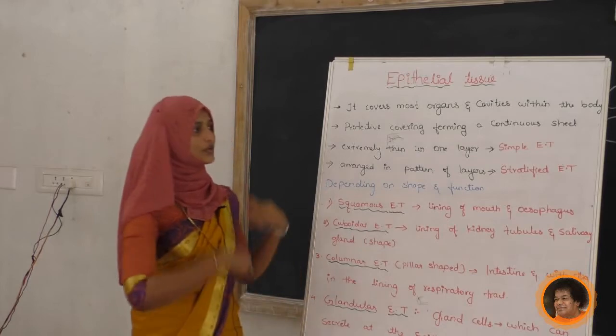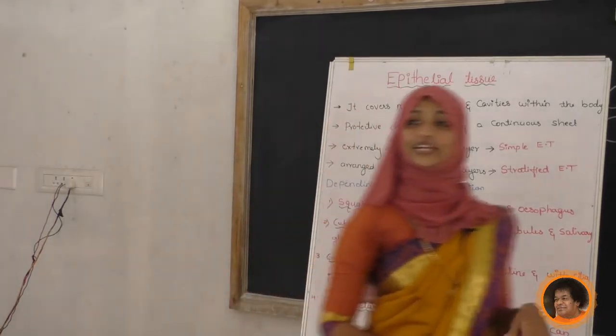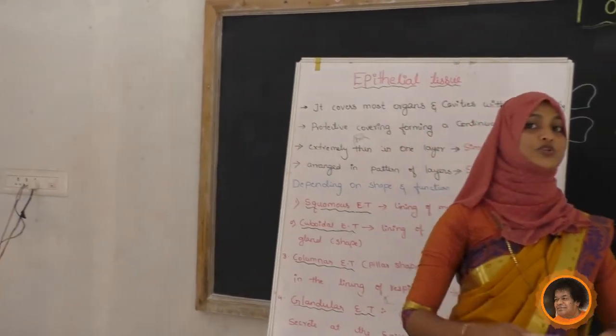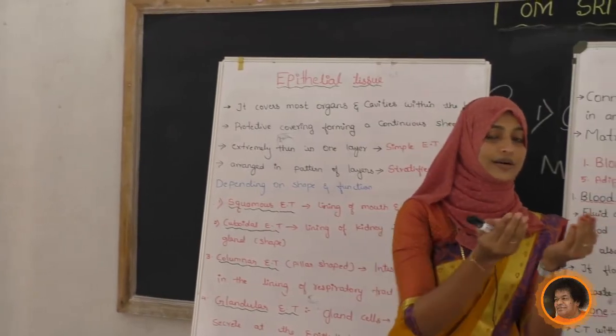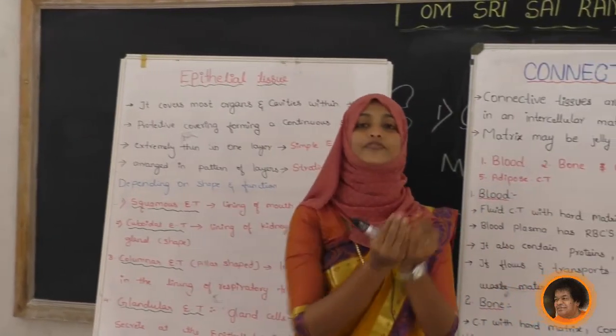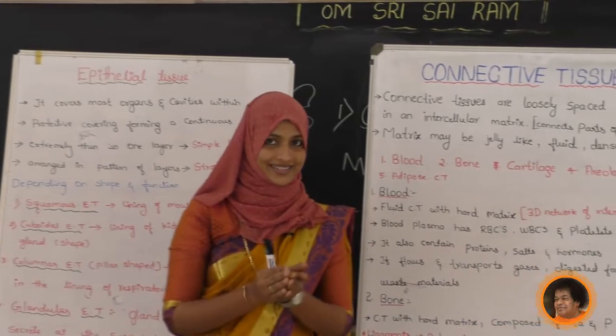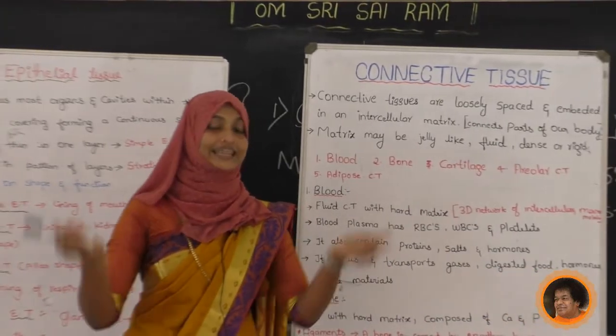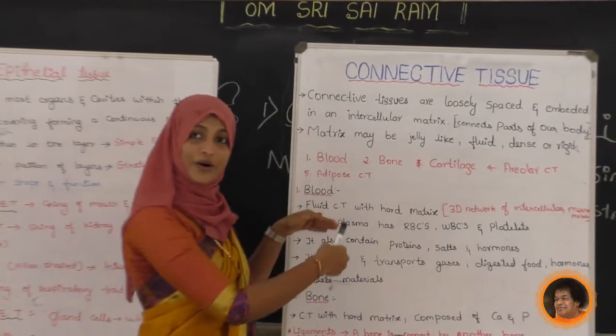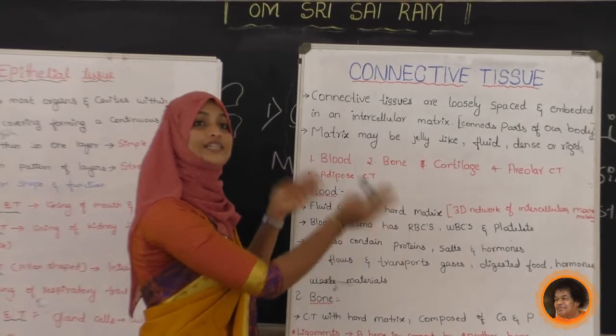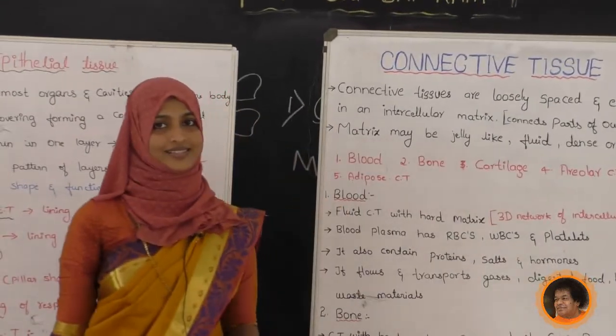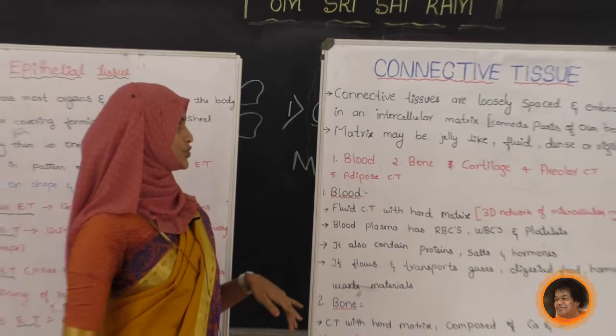Next, we will move to the connective tissue. Connective tissue means what? It connects different organs, like cement. Just as cement connects stones, in our body there is a tissue that connects the organs. That is called connective tissue.